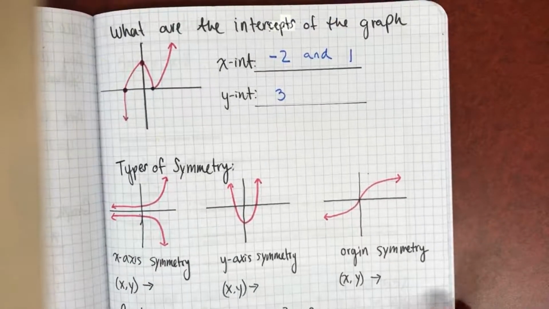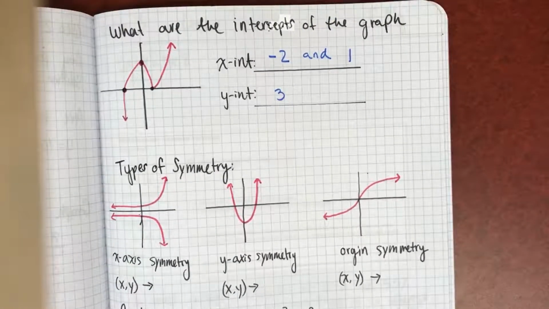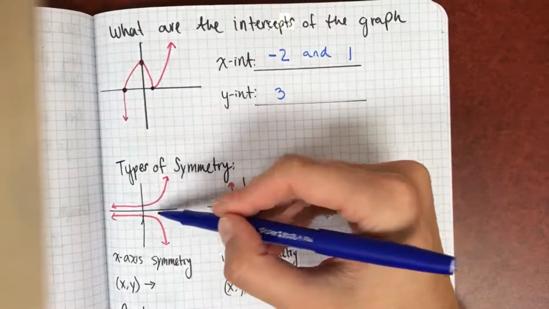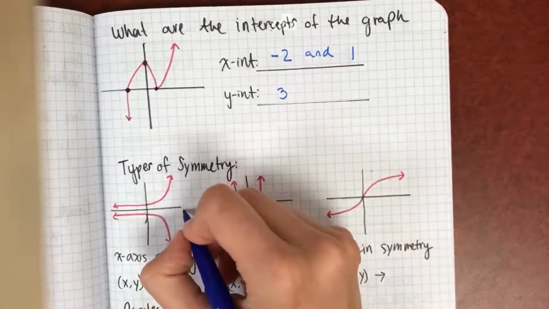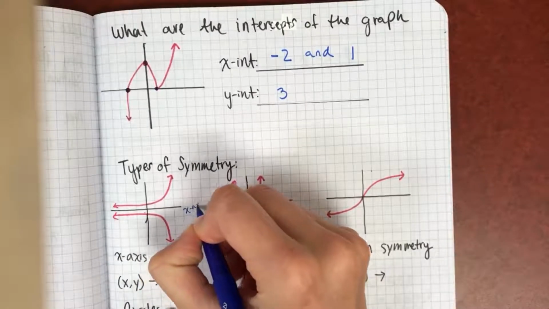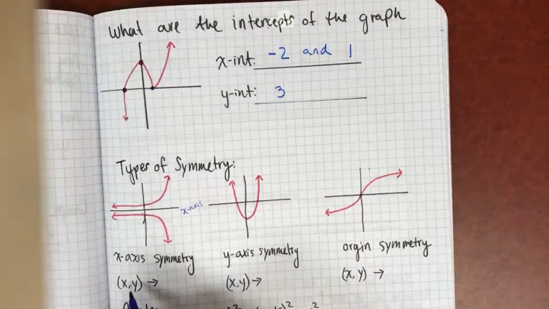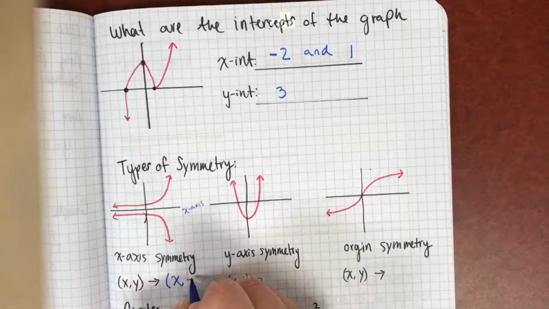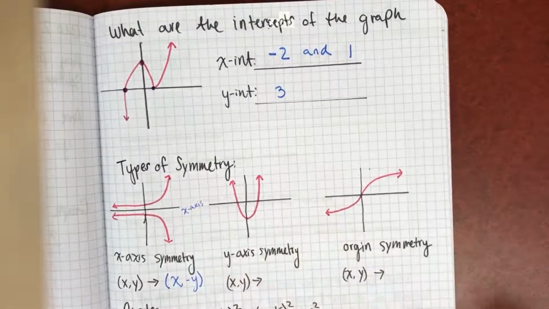Types of symmetry. We can have x-axis symmetry, where it's a mirror over the x-axis, and we'll label that for you. If you had a point (x, y), that's going to change to (x, -y).